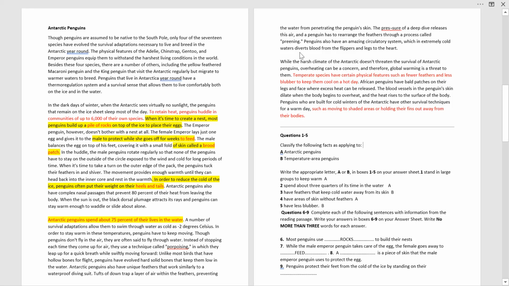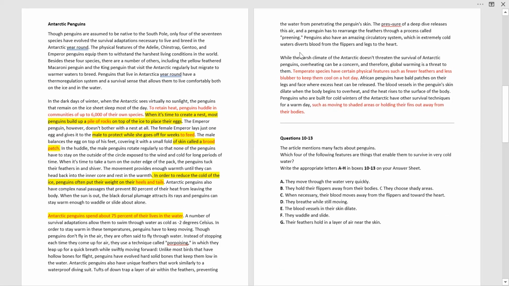So here you see, it says questions 10 to 13. The article mentioned many facts about penguins. Which four of the following features are things that enable them to survive in very cold water? So we have to locate four features from the options A to G, right?